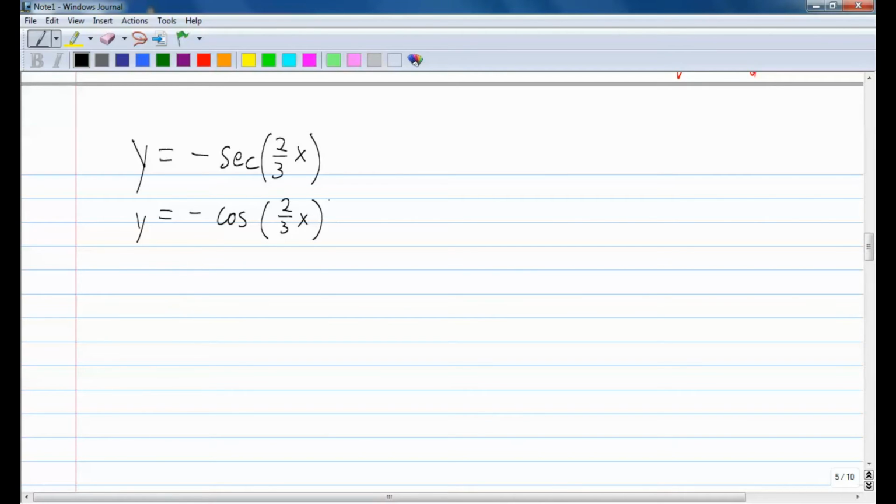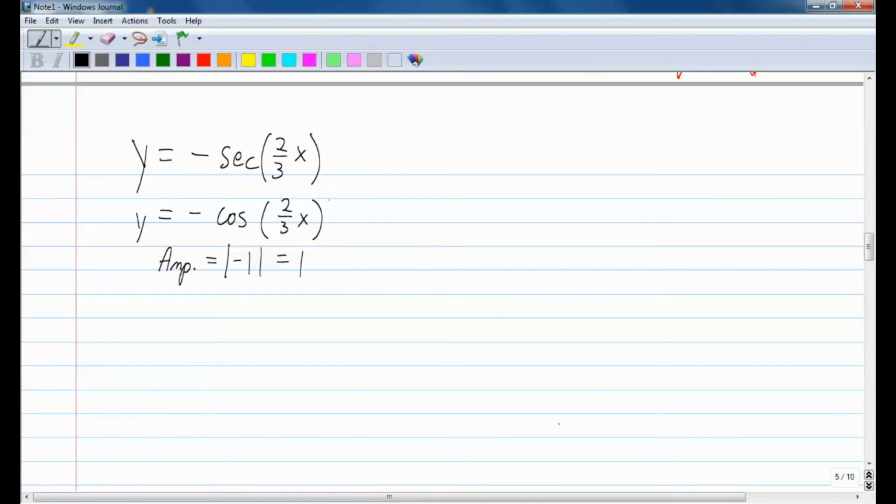The amplitude is equal to the number in front, negative 1, so the amplitude is the absolute value of negative 1, which is 1.